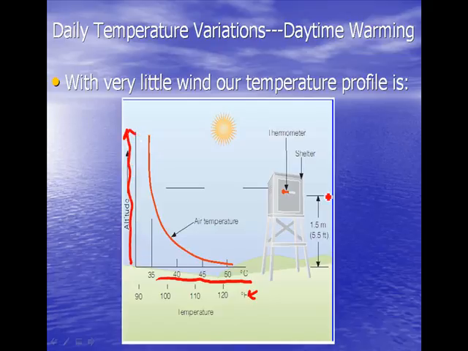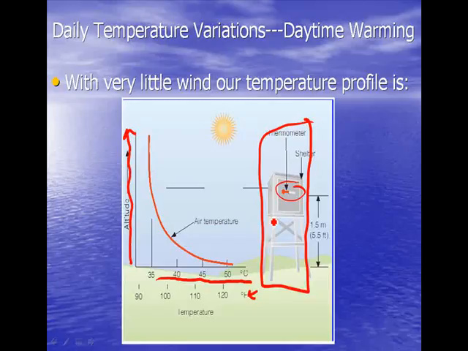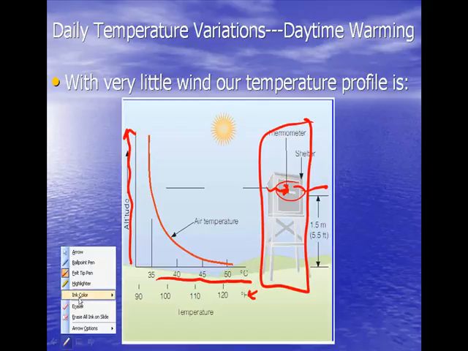And as a point of reference here on the right-hand side, they show a meteorological weather instrumentation shelter. It's about 1.5 meters or about 5.5 feet above the surface is where the temperature is taken in a ventilated type enclosure.